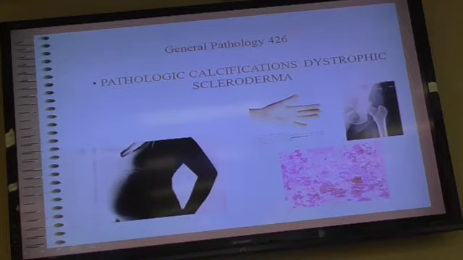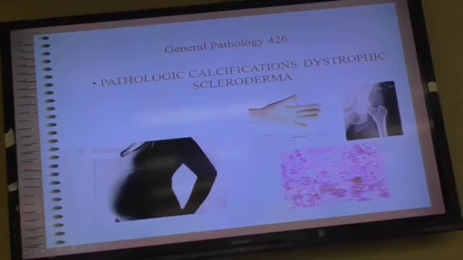And here's mineralization that's occurring in the skin. This is in a human, and it can happen also around joints and things like that. But this is scleroderma, and in that case, there's an autoimmune kind of reaction in the skin that results in mineralization.